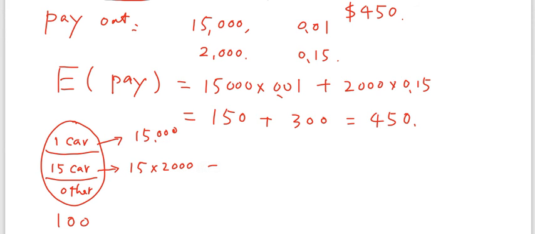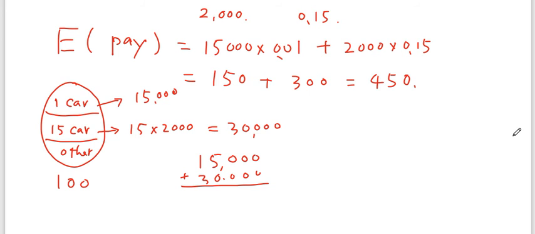So this equals 30,000. So in total they should pay 15,000 plus 30,000, so they need to pay 45,000.